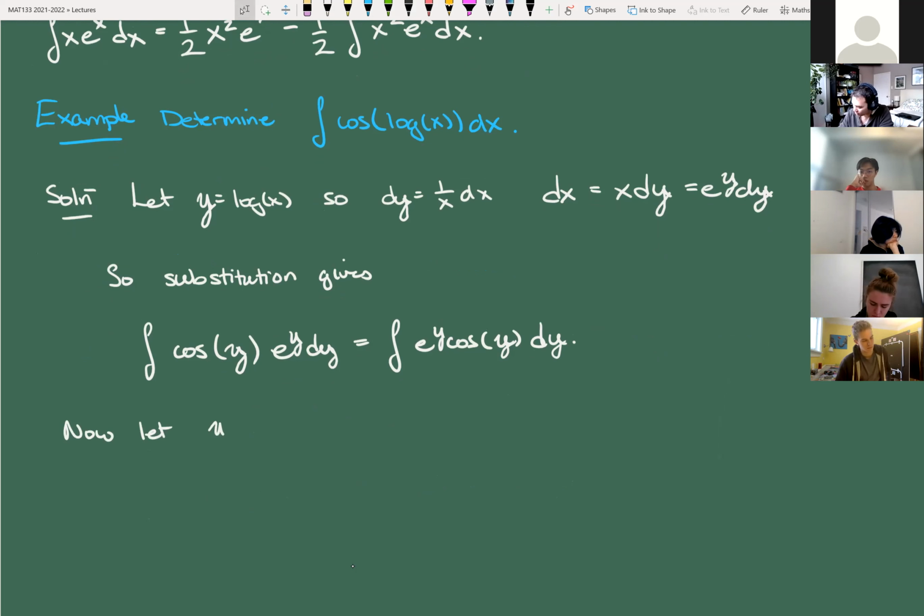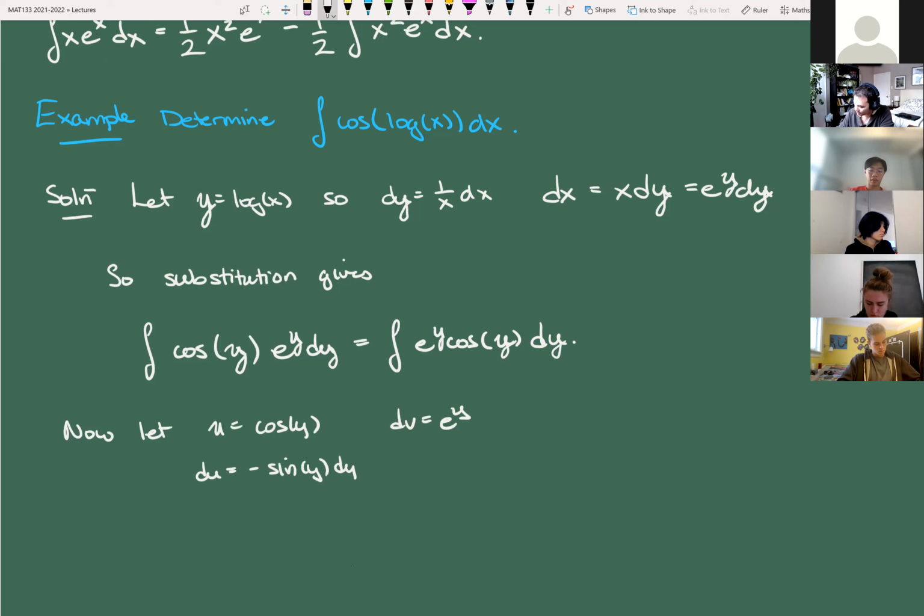Now, let's let u be, I don't know, let's take u to be cosine y. It doesn't matter. du is negative sine y dy. I'm going to take dv to be e to the y dy, so v is equal to e to the y. Okay, and integration by parts gives the integral of e to the y cosine y dy.